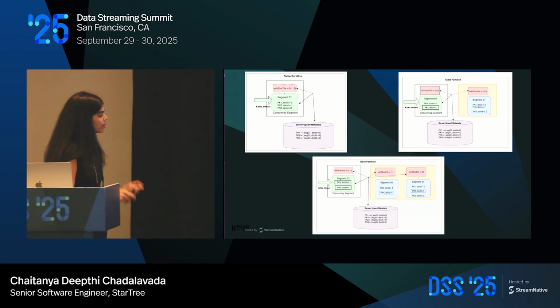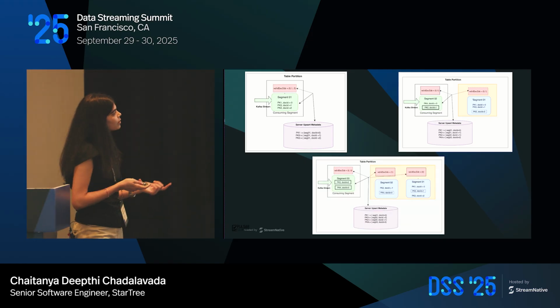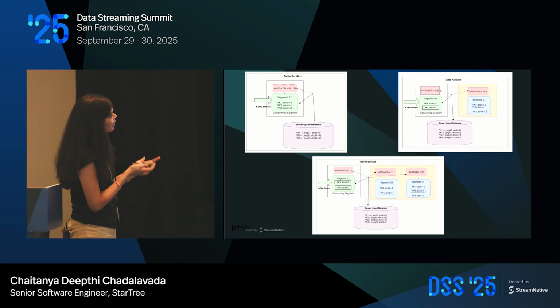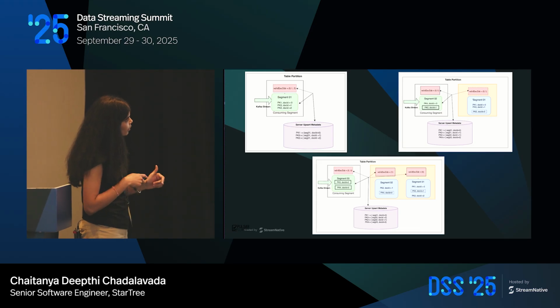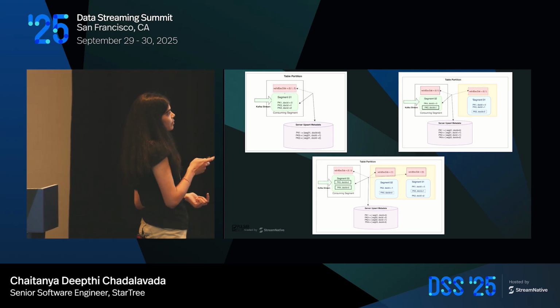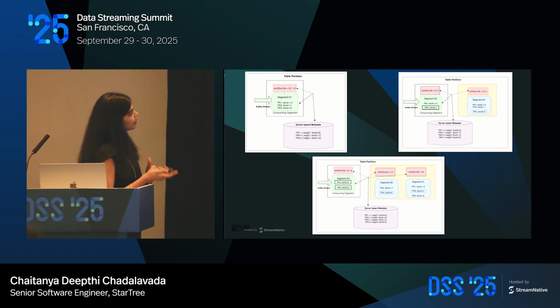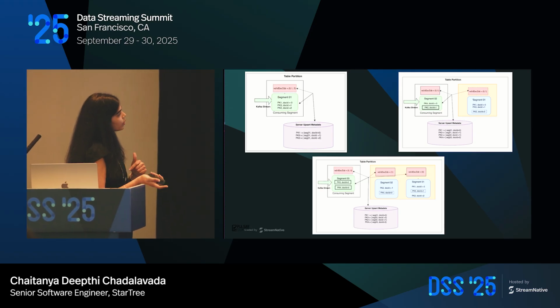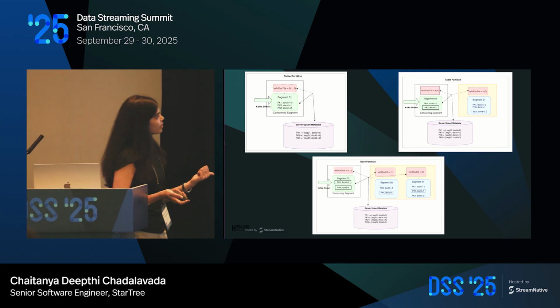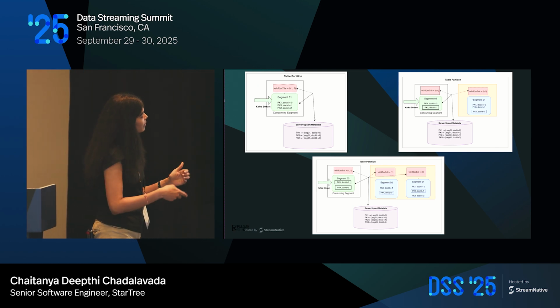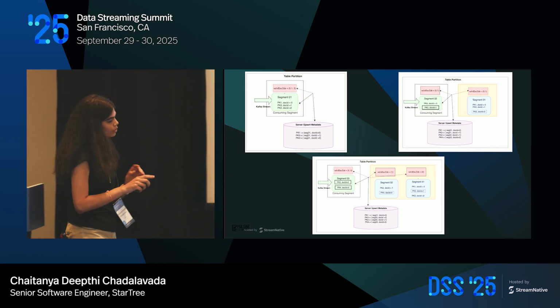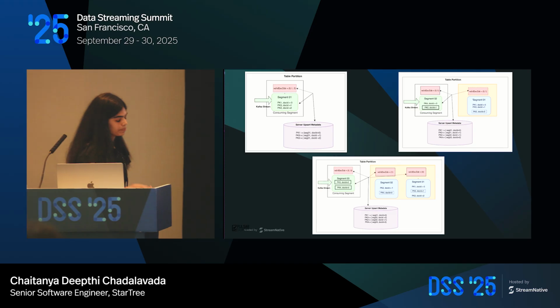Now let's say segment 3 comes in with primary key 3 and primary key 4, which are already present in segment 1 and segment 2. Now the same process repeats, invalidating the previous valid document and validating the existing document, and then updating the metadata at server level. So this is how the write path works.